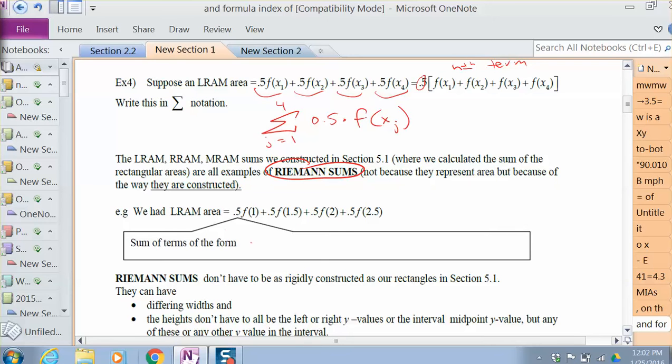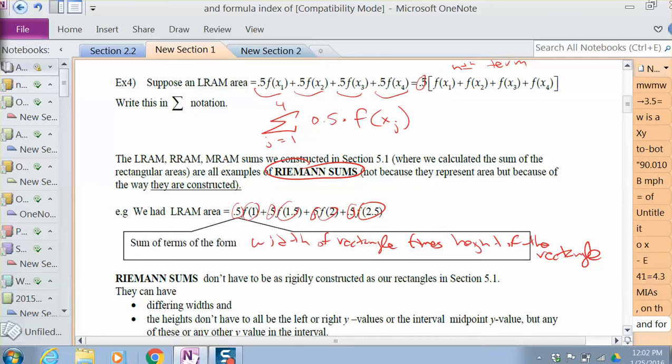The sum of terms represents width of our rectangle times the height of the rectangle. Sorry for the messy handwriting here. So 0.5 was the width of the rectangle, f of 1 was the height, and then width, height, width, height, width, height. And so we call this a Riemann sum.